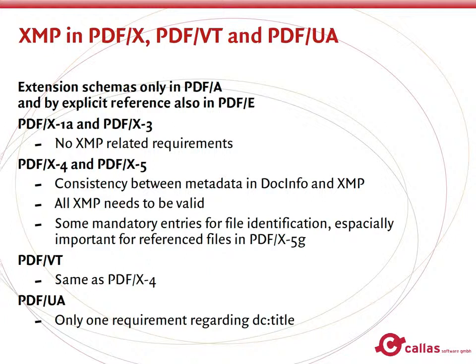And then there are some mandatory entries, but that is only in a very specific area in PDF/X-5g, where metadata is being used in order to reference external content. So that is a very special thing. PDF/VT for variable and transactional printing is based on PDF/X-4, and therefore all requirements of PDF/X-4 are also valid for PDF/VT.